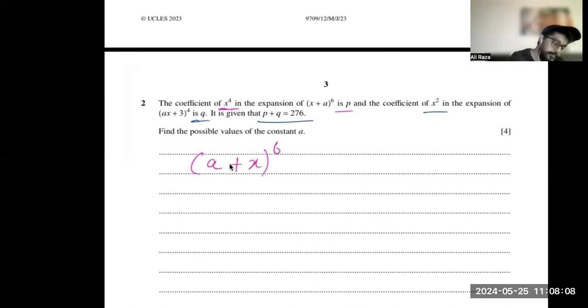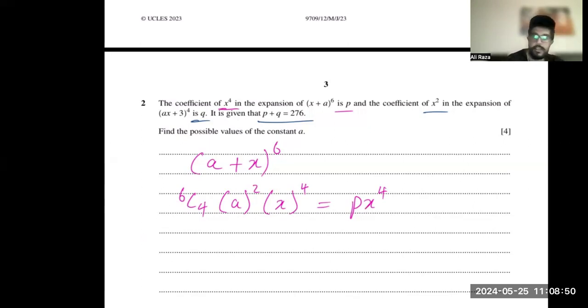So we'll find the term 6c4, and this should be equal to p x power 4. Six c4 comes out to be 15, multiplied by a squared, is equal to p.